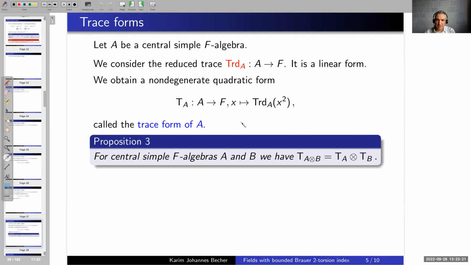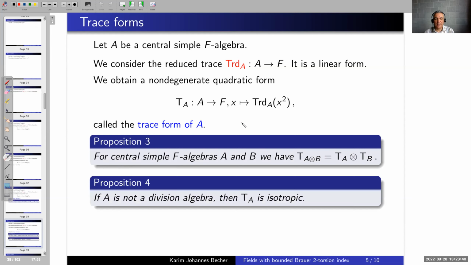You can, for example, reduce to the split case, but let me not say anything about the proof now. What you can use this rule for is also to look at the case when A is not a division algebra. When it has zero divisors, you get immediately that the trace form is isotropic.